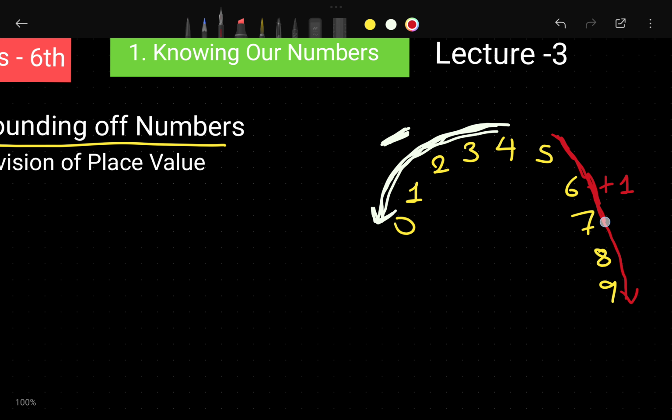Remember this: any number from 5 to 9 is plus 1. But whenever you see a number from 0 to 4, it goes down only, it does not minus 1, it goes to 0, and I will write this as 0 with this black pen.